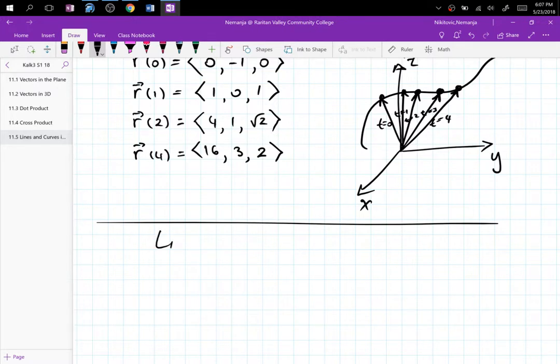So we are talking about a linear line in R3, in 3D.